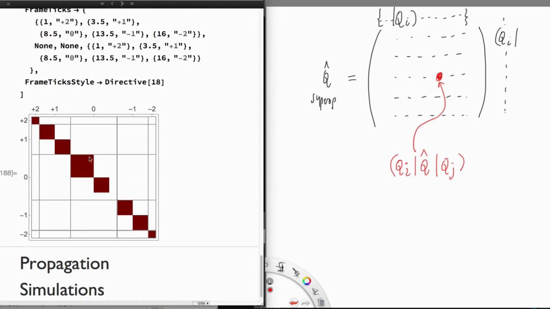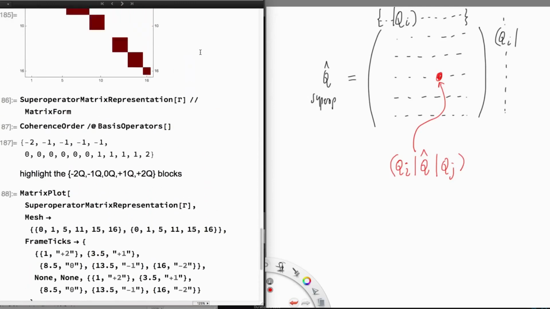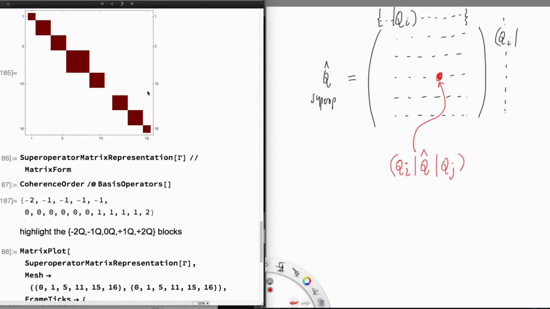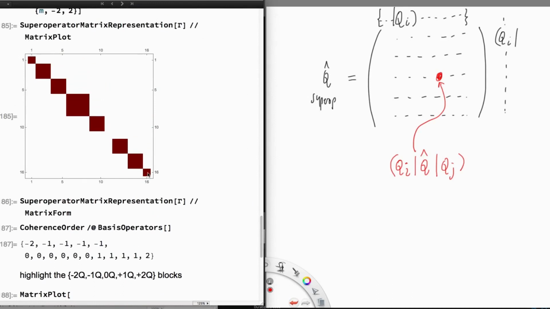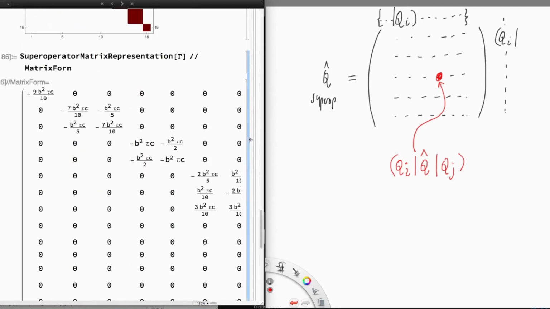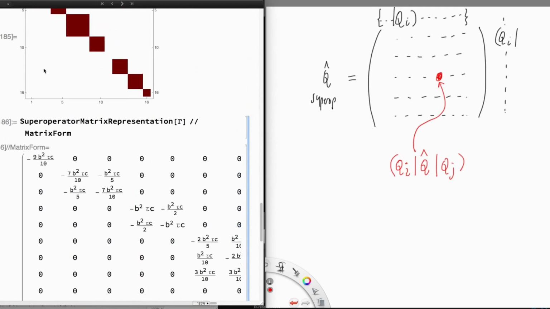So this is where the mathematics of operators and superoperators connects with the spin dynamics. By forming these superoperators and looking at the relaxation properties, one can derive not only qualitatively what's going on, which operators mix with which other operators, but also, if you want, quantitatively. So one could build superoperators in SpinDynamica.